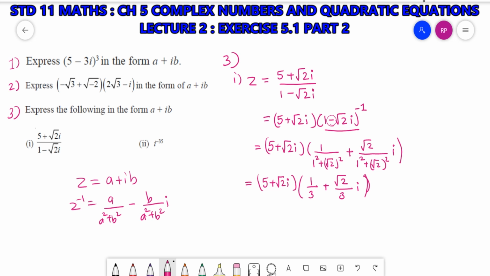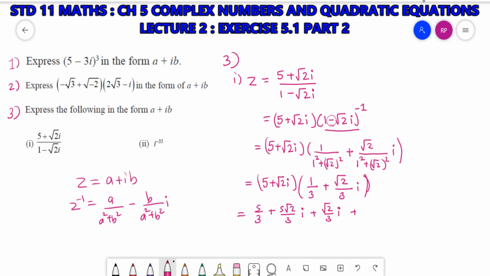Now let's multiply it. 5 into 1 by 3, 5 by 3. 5 into root 2 by 3, 5 root 2 by 3i, plus root 2i into 1 by 3, root 2 by 3i, plus root 2i into root 2 by 3i.